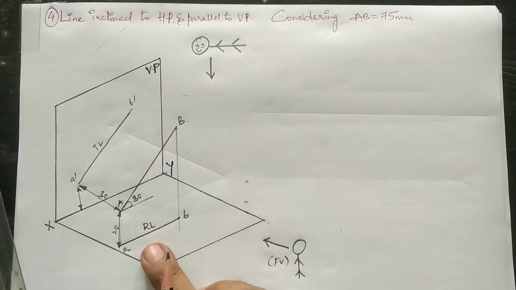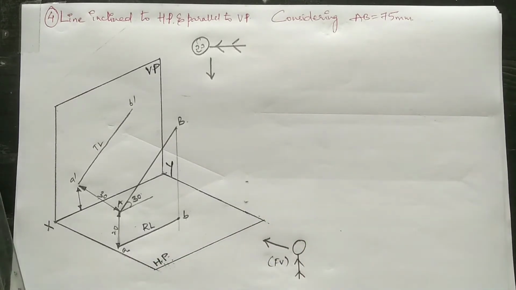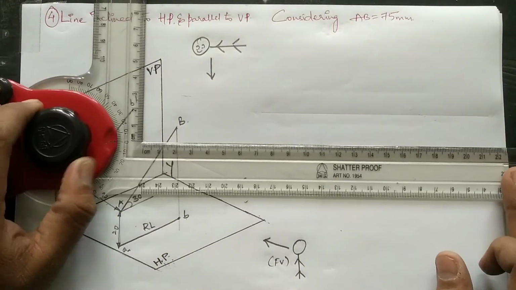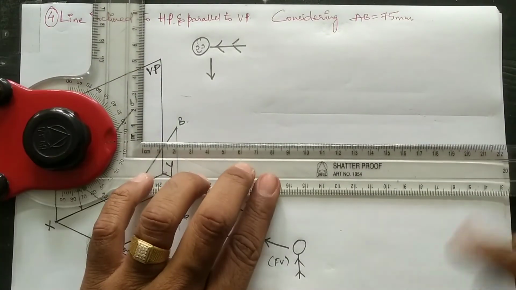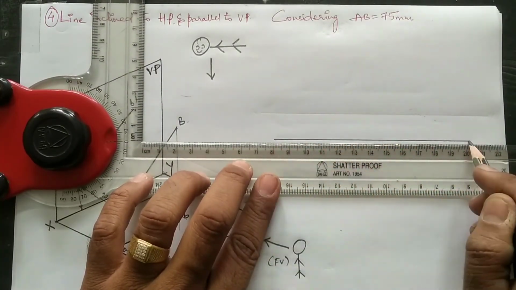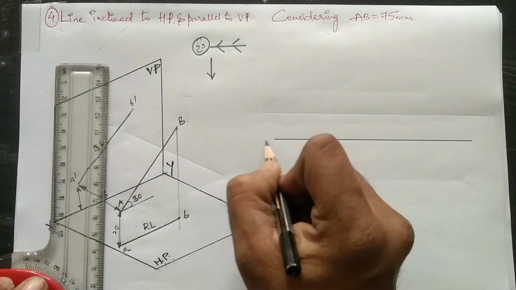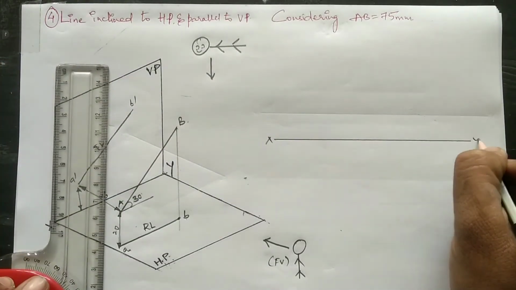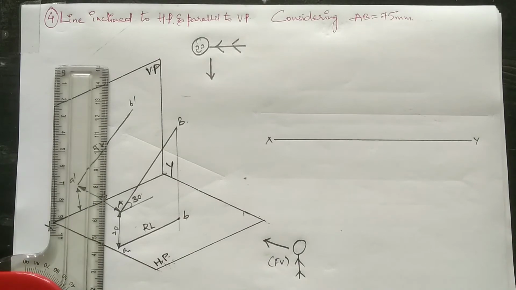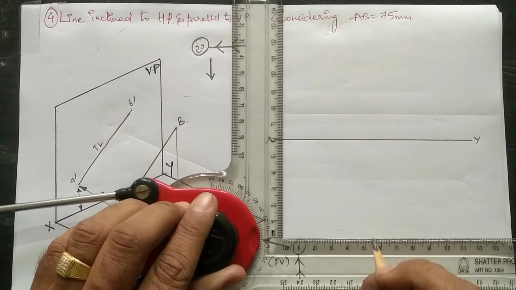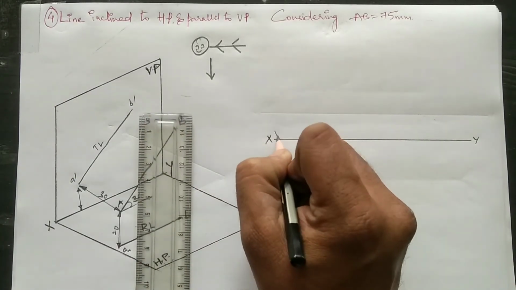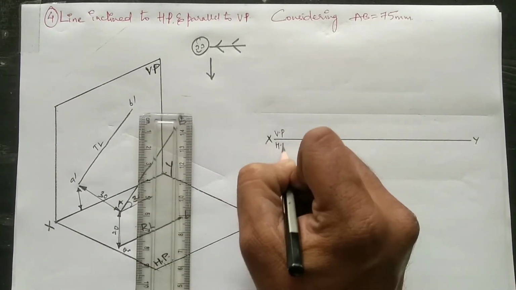Coming to its projections, how do we go ahead for drawing? Now I will explain it to you. Draw the XY line, and mark the vertical plane and horizontal plane.